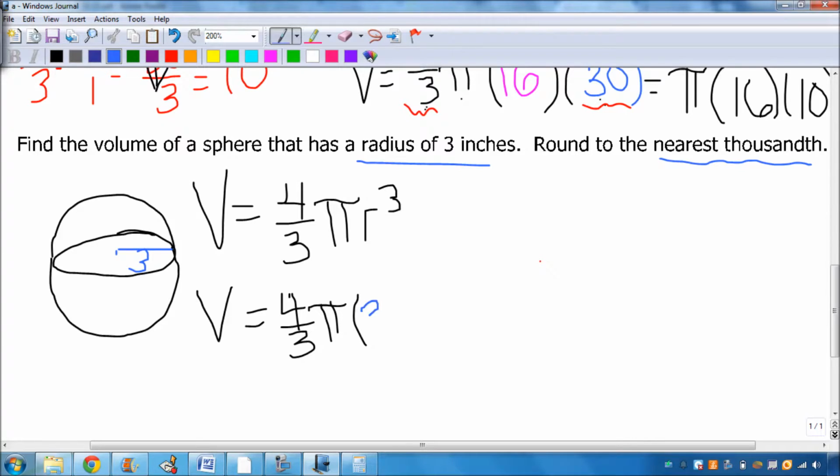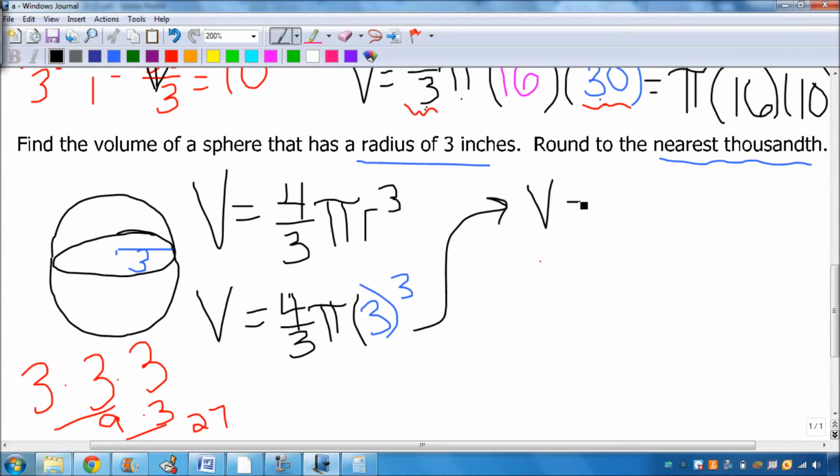So I'm going to say it's 4/3 multiplied by 3 cubed. Let's figure out what 3 cubed is. 3 cubed just means 3 times 3 times 3, which is not 9. It's 9 times 3, which is 27. So the volume is equal to 4/3 pi times 27.